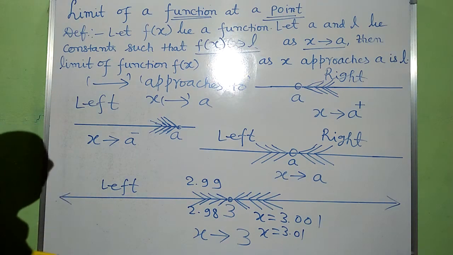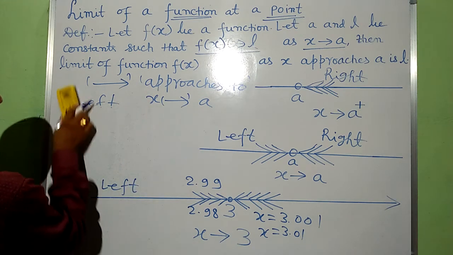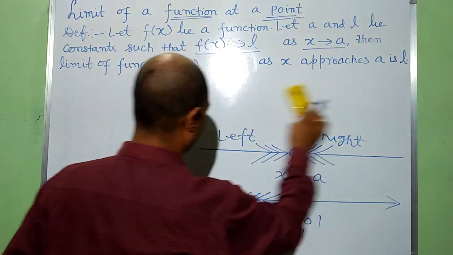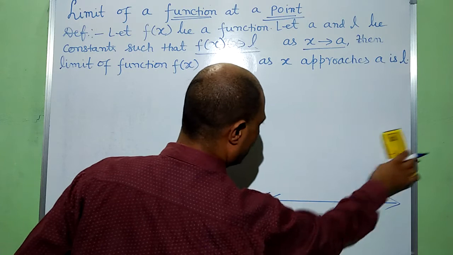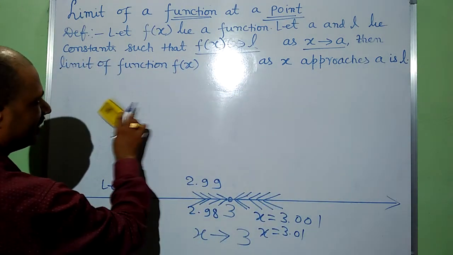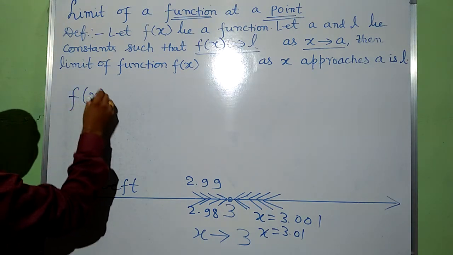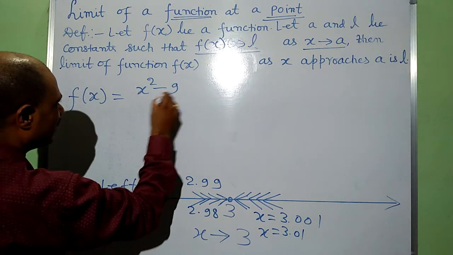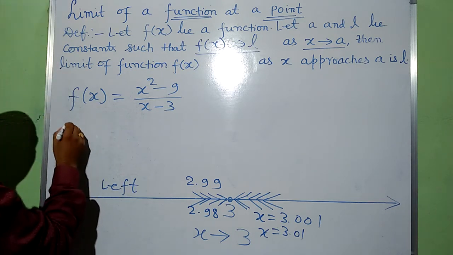Now we can find the limit of a function, either from the left side or from the right side or from both sides. Suppose f(x) is equal to x square minus 9 by x minus 3.